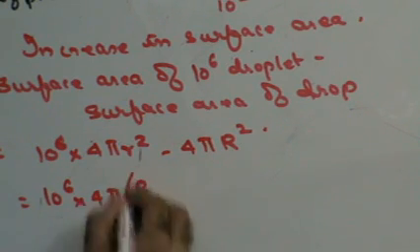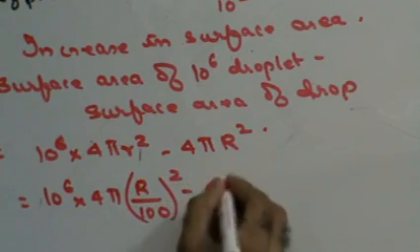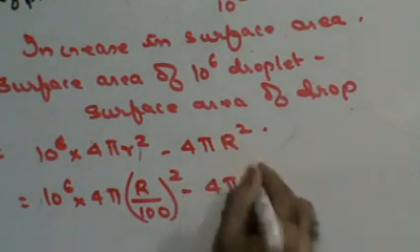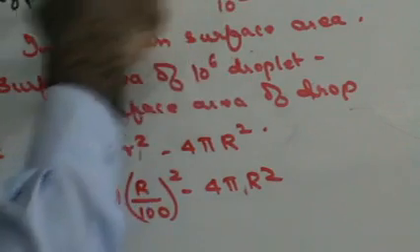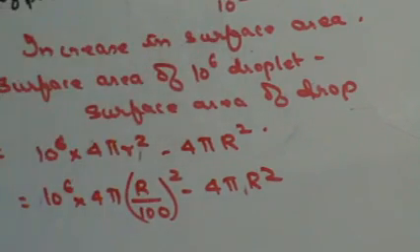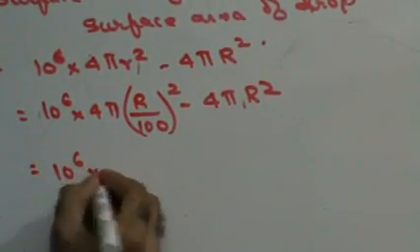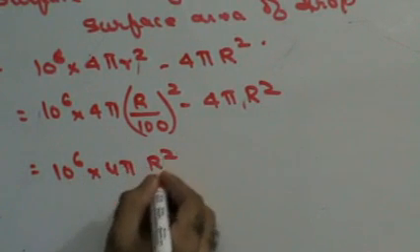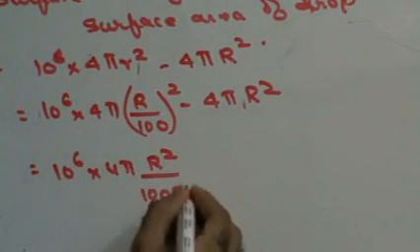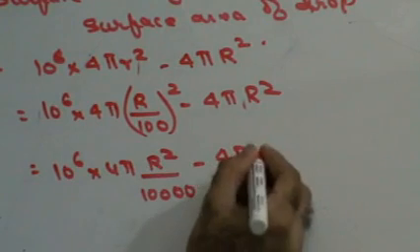So this is 10 raised to 6 into 4 pi, capital R divided by 100 the whole square, minus 4 pi R square. Guys, if you look at this equation, this is capital R. Capital R divided by 100 gives you small r. Right? So in this case, this is going to be 10 raised to 6 into 4 pi R square upon 4 minus 4 pi R square.